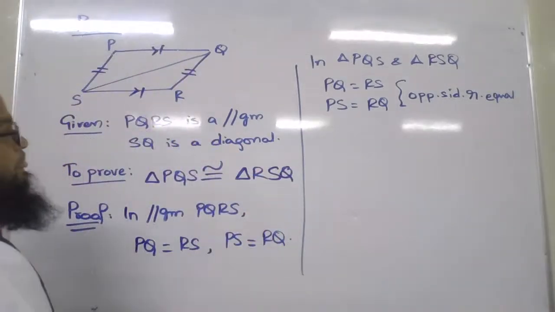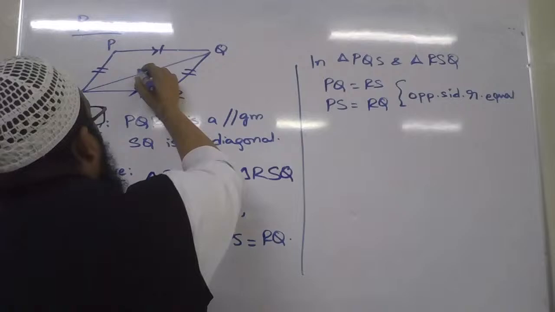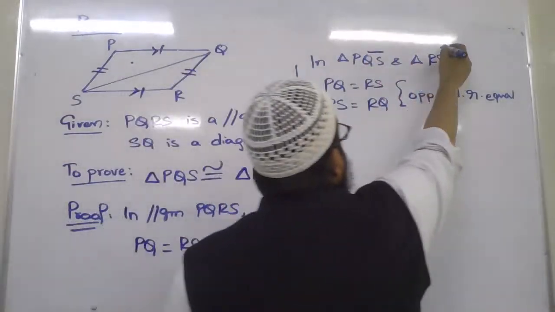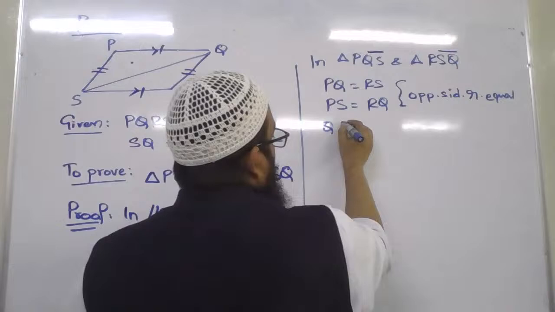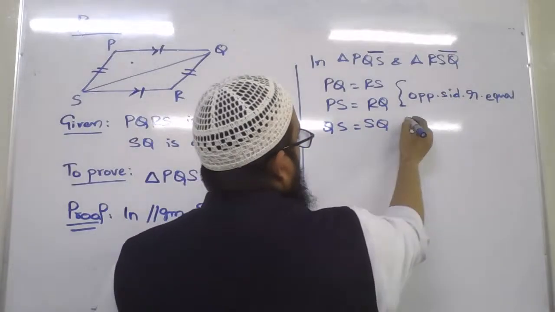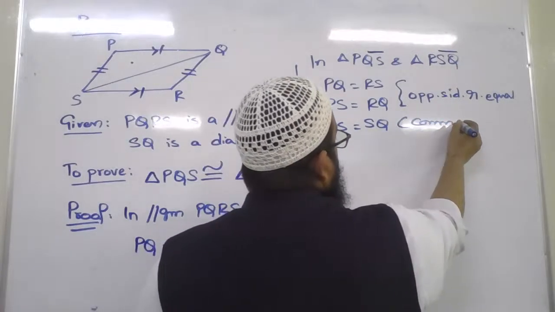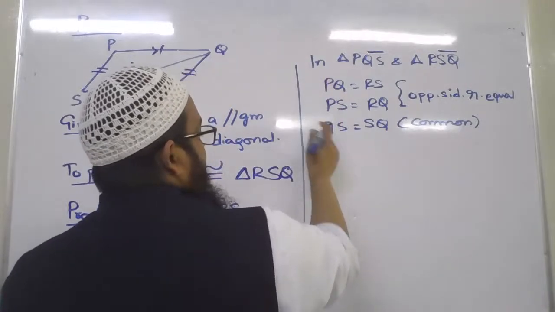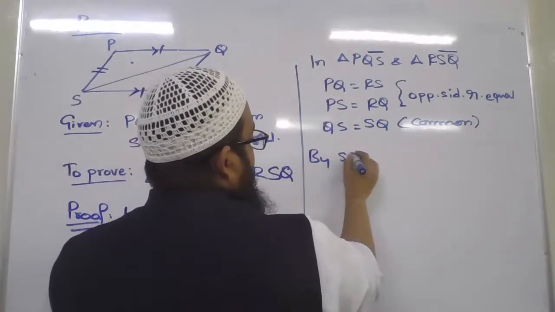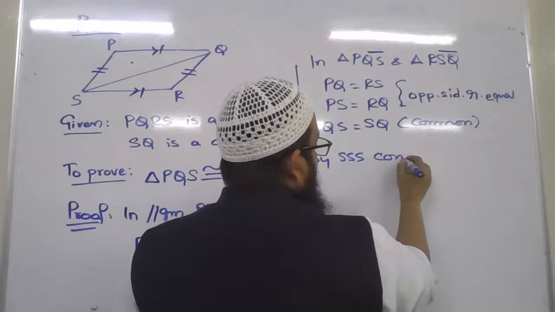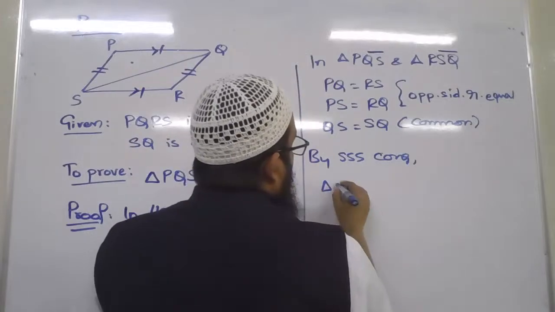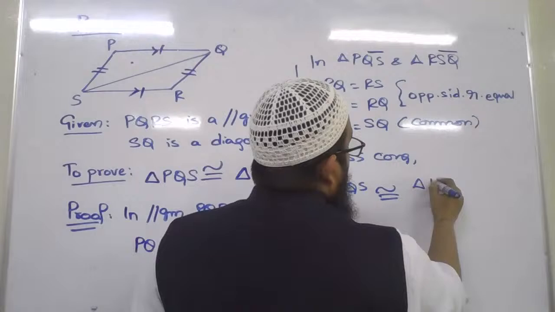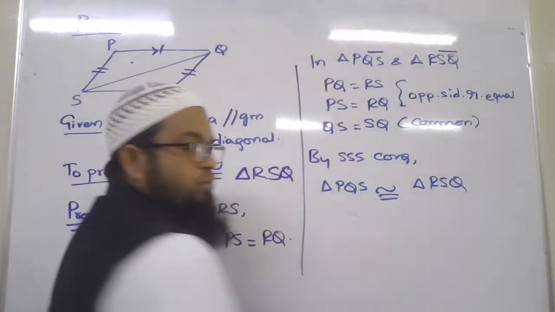So next, what is equal? In this triangle, QS is equal to SQ. Common side. So by SSS congruency, triangle PQS is congruent to triangle RSQ.